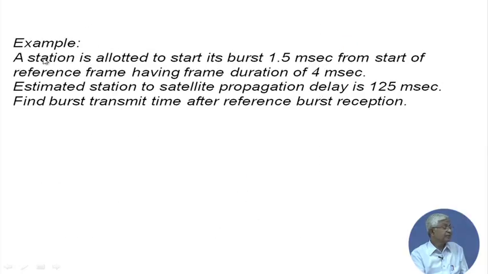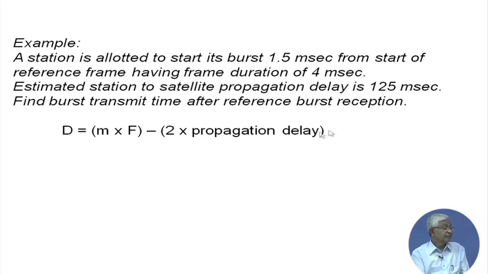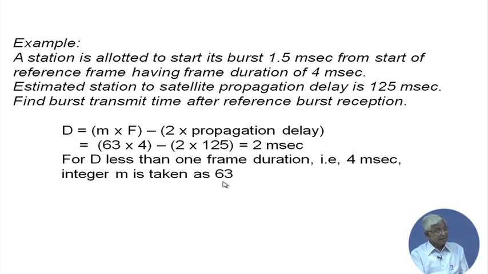Let us take a quick example. A station is allotted to start its burst at 1.5 millisecond from the start of the reference frame, having a frame duration of 4 millisecond. The estimated station to satellite propagation delay is 125 millisecond. Find the burst transmit time after reference burst reception at that particular station. So d is m into f minus 2 times propagation delay, and by iteration you go on changing m so that d becomes less than the frame duration.